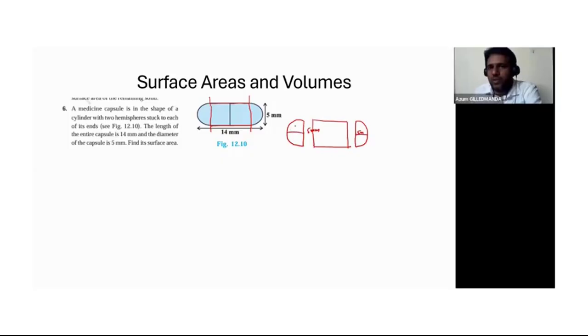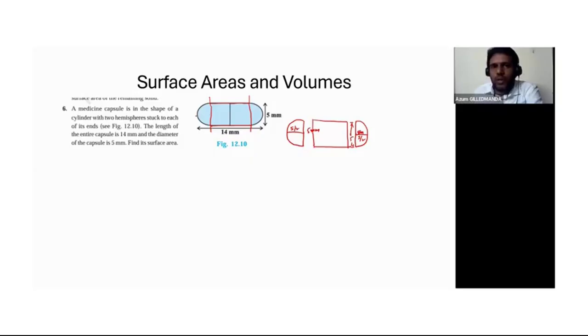This is radius, right? So it should be 5 by 2. You agree? From here to here, that is diameter, that is 5 mm. So if that is 5, this is the radius. In a hemisphere, this side up to the top is a radius, which is 2.5. And this is also 2.5.